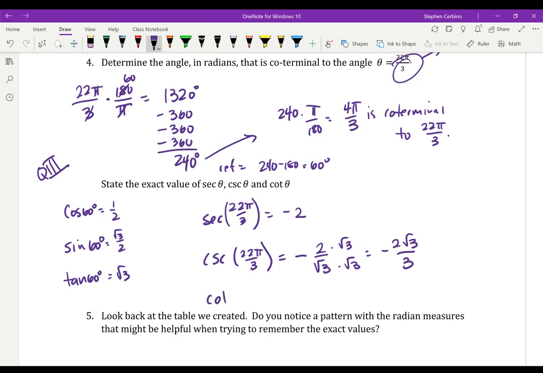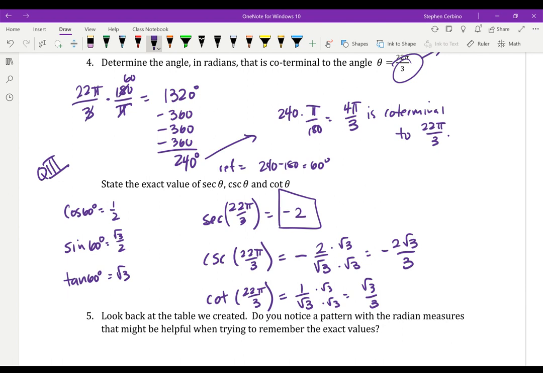I can find the cotangent of 22 pi over 3 by saying I know it's in quadrant 3, so I know this is positive. I know it's the reciprocal of the square root of 3, and then I'm going to rationalize that to get the square root of 3 over 3.